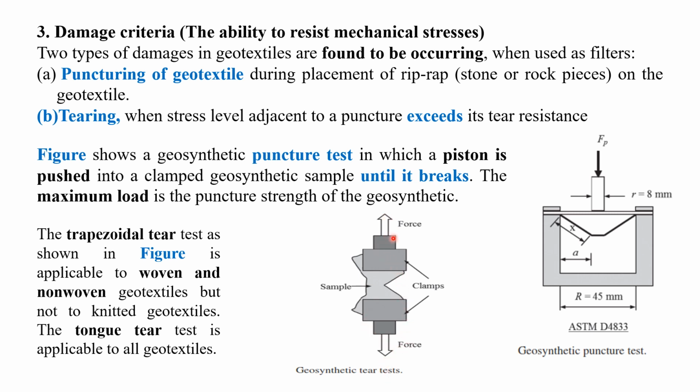Then the force we find during the test is the tear force, to fulfill the damage criteria. So puncturing and tearing, these two tests have to be performed to check the damage criteria of the geotextile.